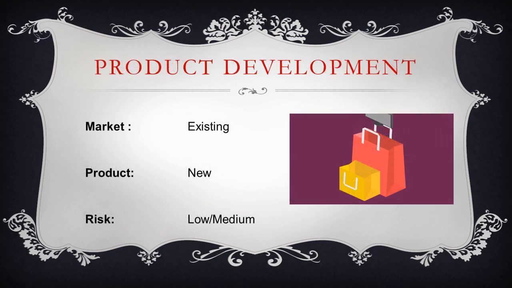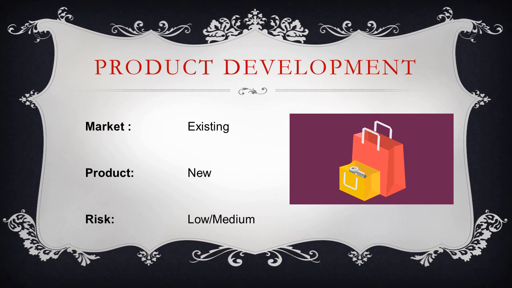Second growth strategy identified by Ansoff Matrix is product development. Now, if your existing products are not doing well, you need to introduce similar products in order to support the existing ones. That is where we talk about product development.